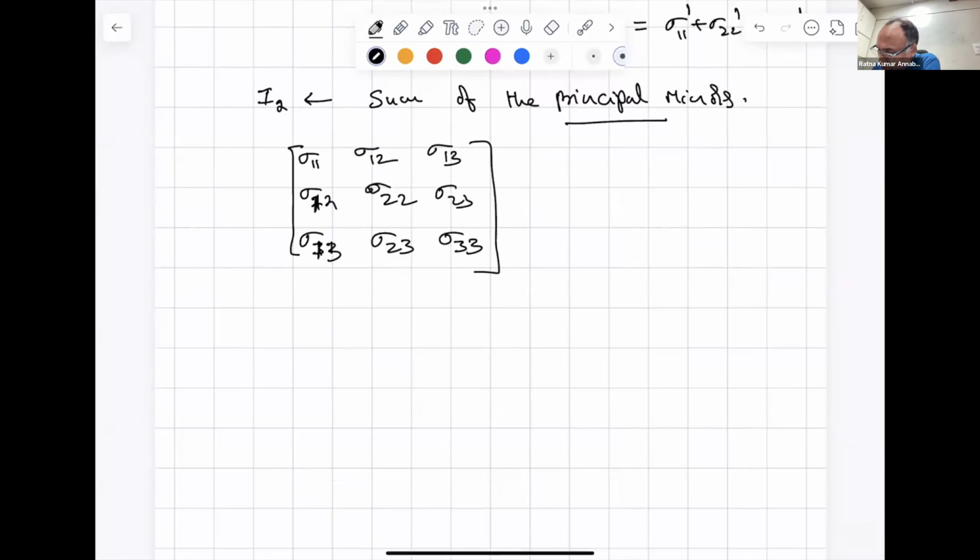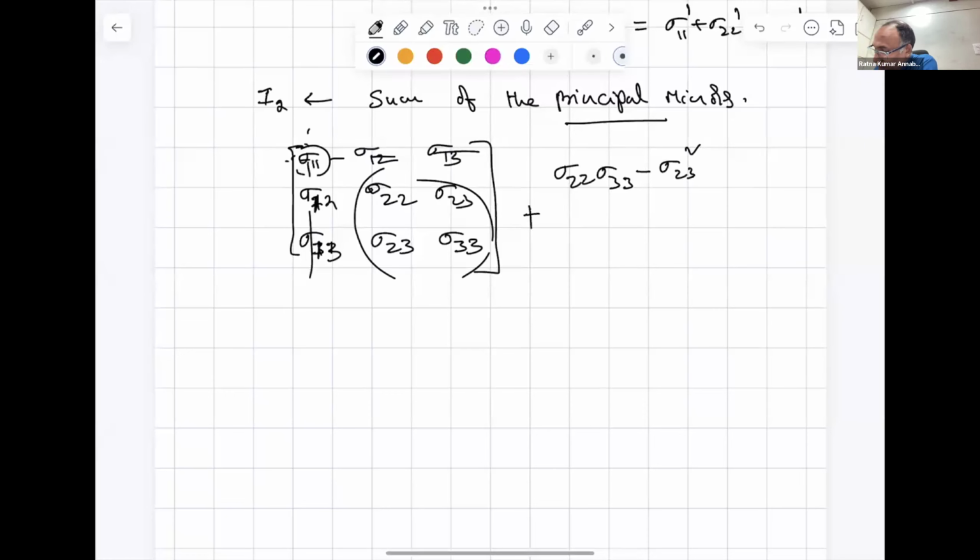Principal minor means first you take this fellow. The minor of that will be, you remove that row and that column, then the determinant of the remaining matrix, sigma 2, 2 sigma 3, 3 minus sigma 2, 3 square. That is the first principal minor.